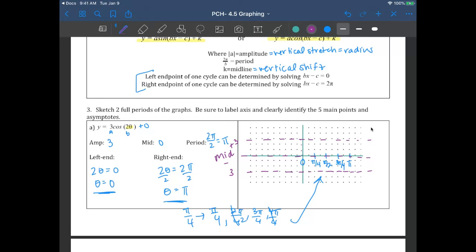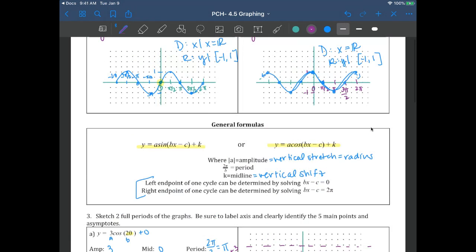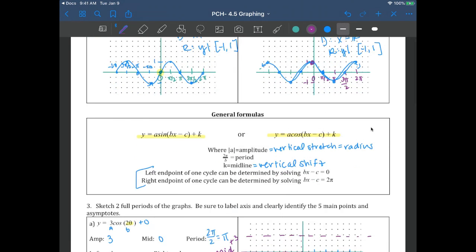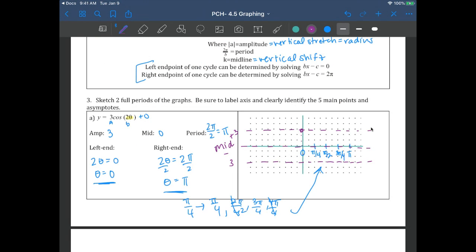So does cosine start at the midpoint or the high point of the graph? Remember, it starts at the high point of the graph, the furthest from 0. And then it goes back to the midline, down to the lowest, back to the midline, and up to the highest. This here is one full cycle of our graph.